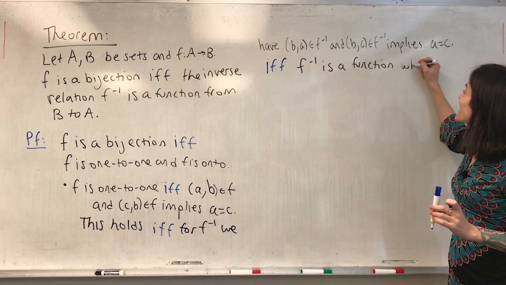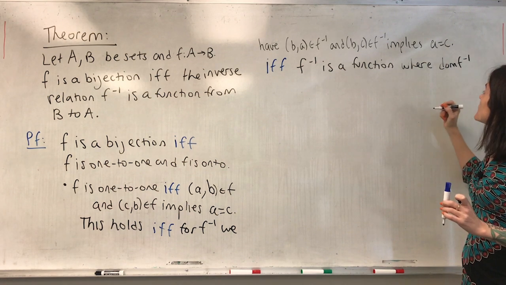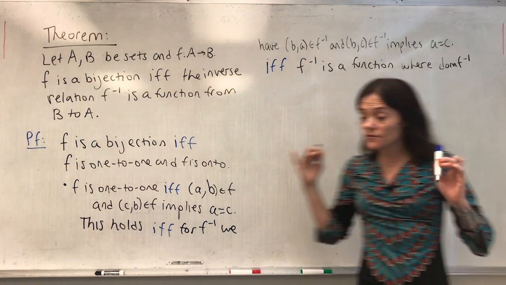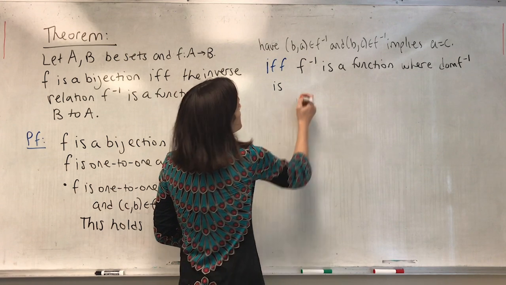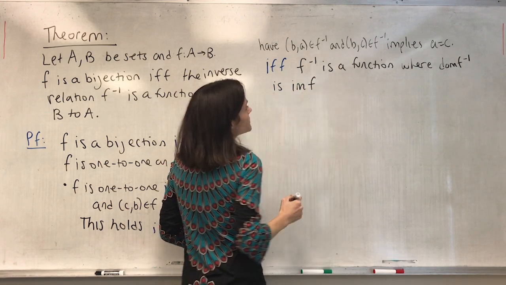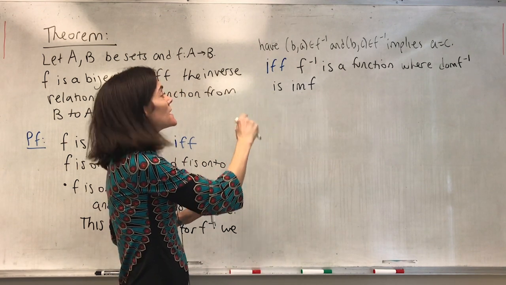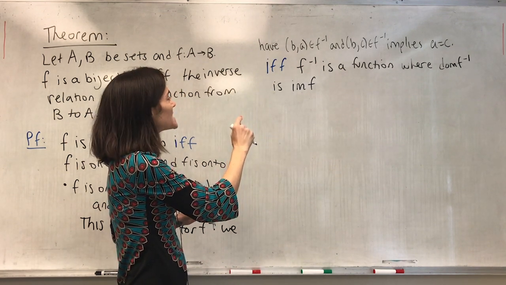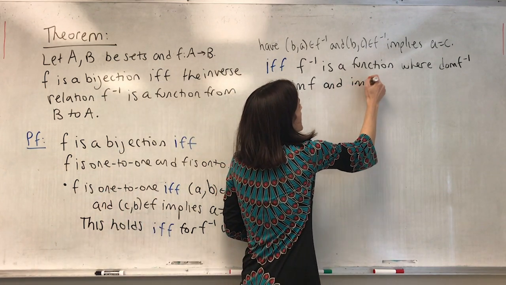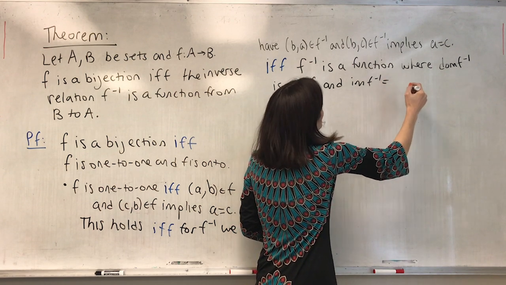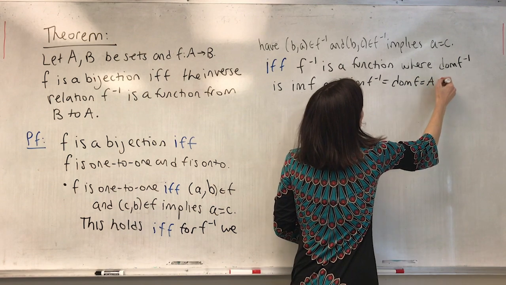The domain of F inverse, the set of first coordinates, is the image of F, just by definition, because the set of first coordinates of F inverse is the set of second coordinates for F. And the image of F inverse is equal to the domain of F, and we know this is A.